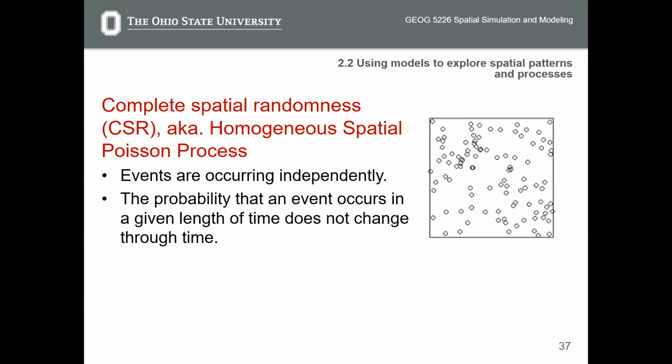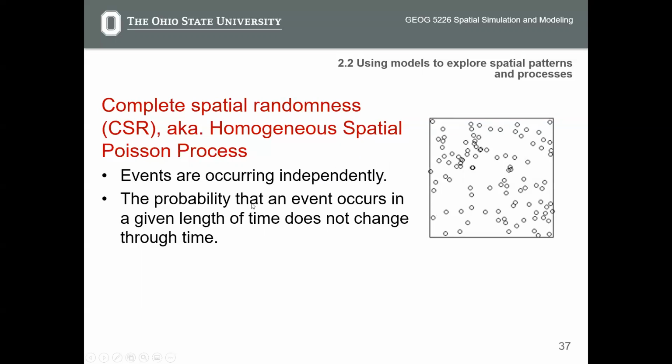Okay, now let's talk about CSR in detail. Complete spatial randomness, CSR, has another name: homogeneous spatial Poisson distribution. Events are occurring independently, which means there is no second order, because if there was second order, events would affect each other's locations and would not be independent.